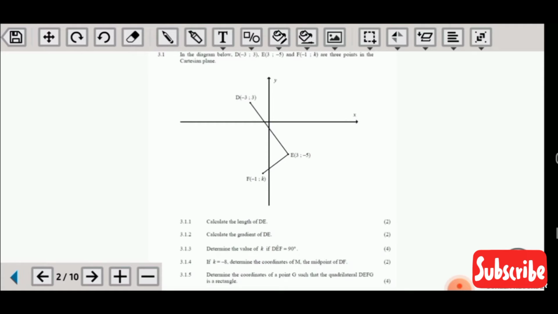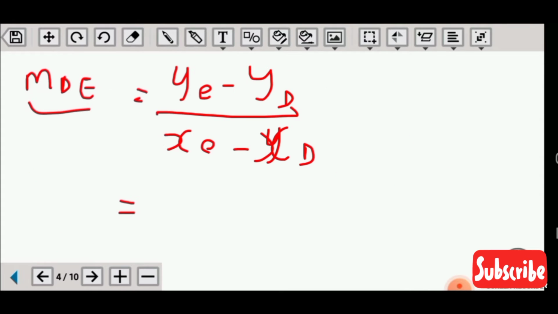YE is -5 and YD is 3, and XE is 3 and XD is -3. So let's substitute these numbers.